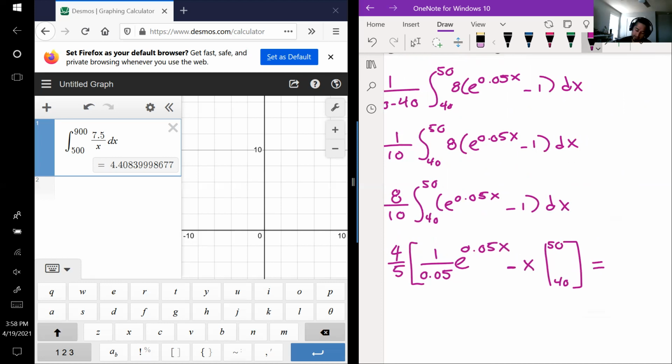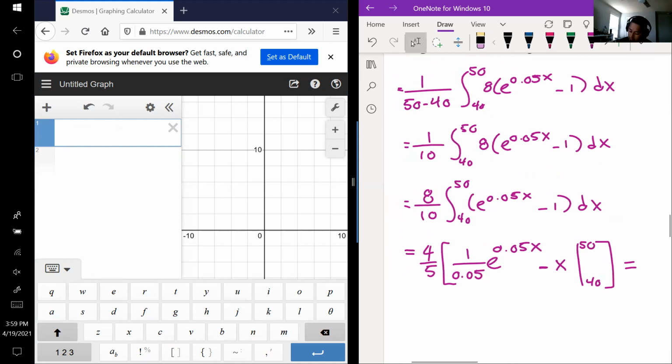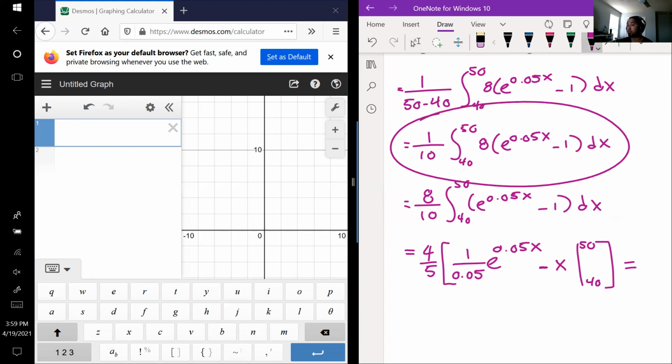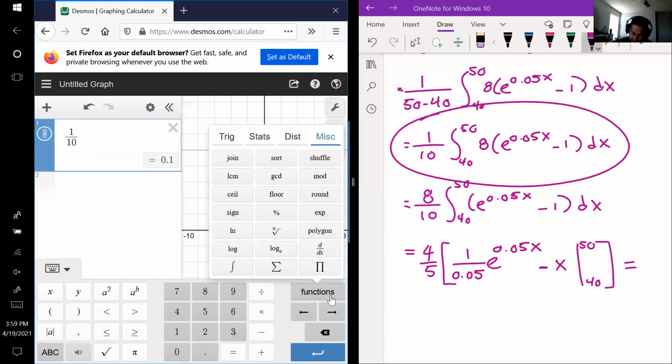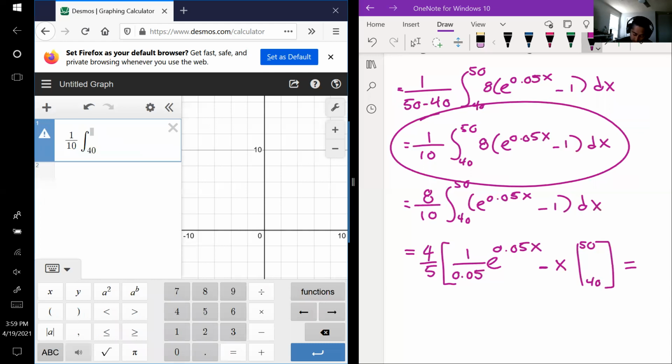And now Desmos can step in. I'm going to type in the second line. So this is the one I'm typing in: 1 over 10 times the integral from 40 to 50 of 8 times e raised to the 0.05x minus 1.